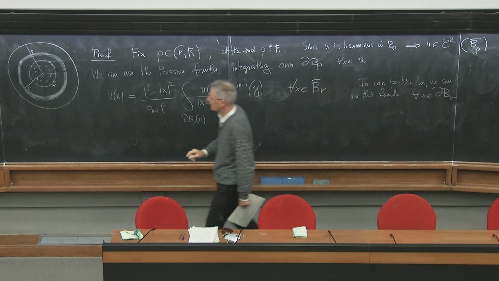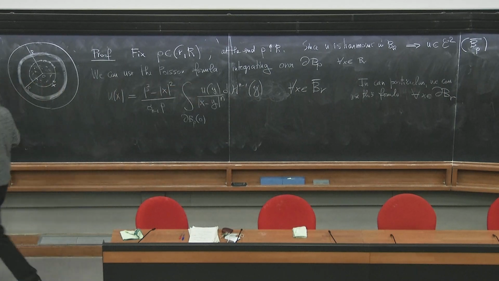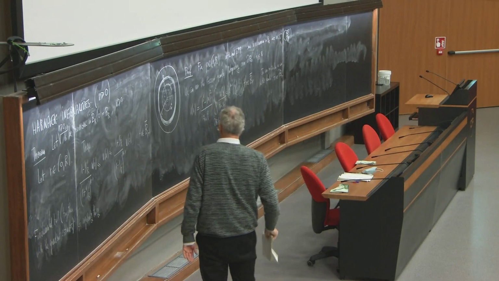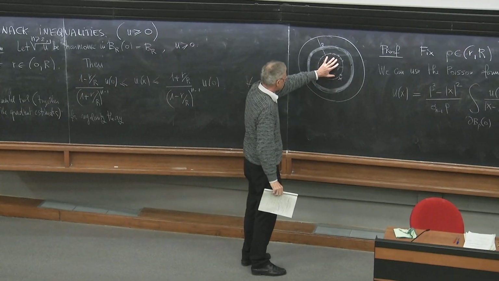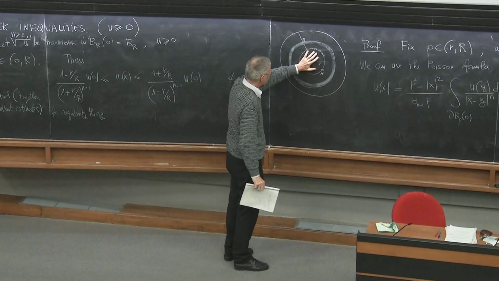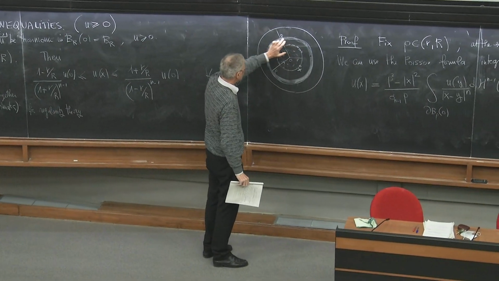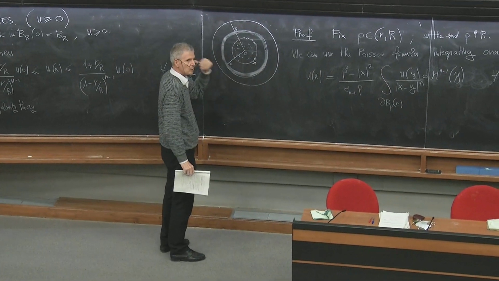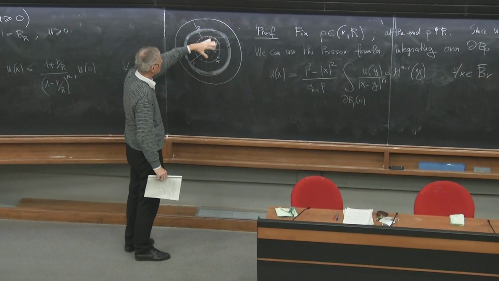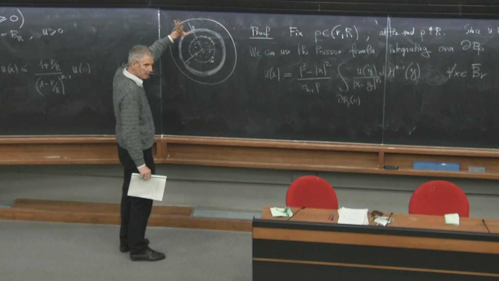Remember that this is an estimate that we want to do in the closure of the smaller ball, of course. So our x is confined to stay here. We use this just as a tool to produce the formula. Then this rho will disappear going into capital R.